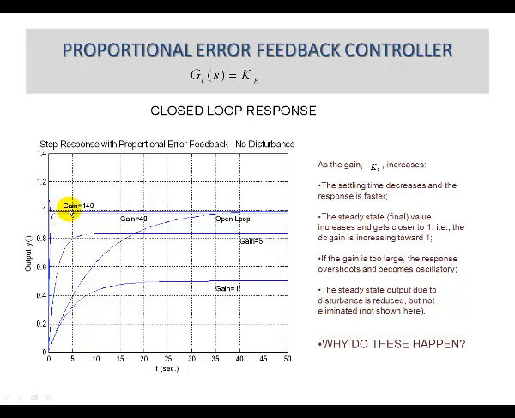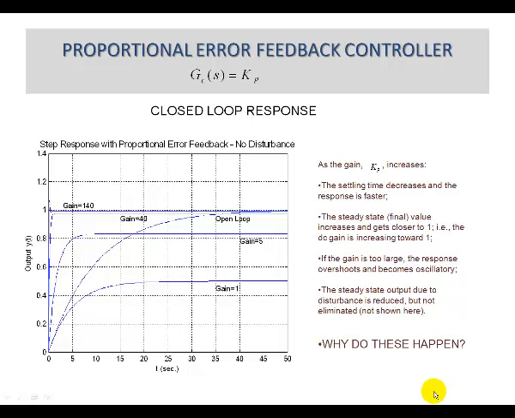And so the response becomes oscillatory, which is not a desirable characteristic. This is something that we have to pay attention to so that we don't overdo it on the high gain side.